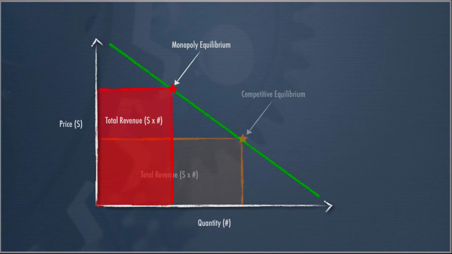That level will result in less quantity of the good or service being provided, but at a much higher price, and the net benefit to the firm increases over a competitive equilibrium, and sometimes increases dramatically.